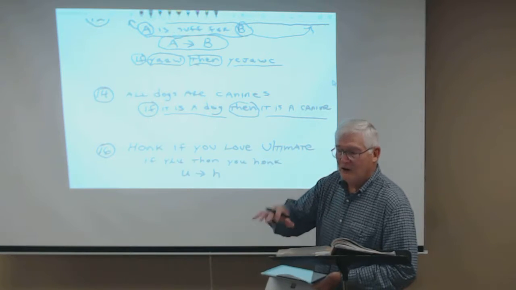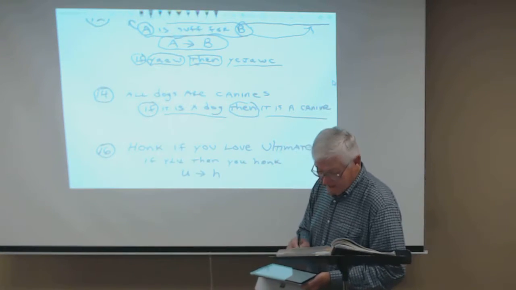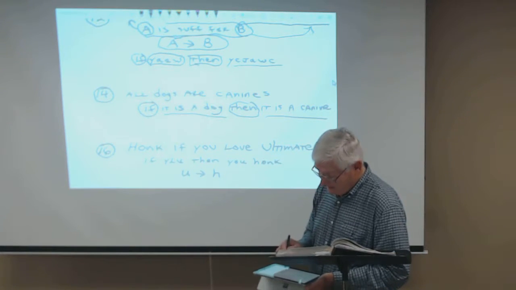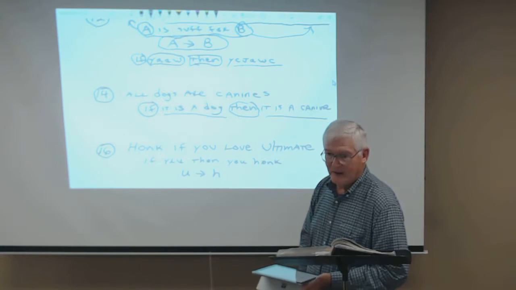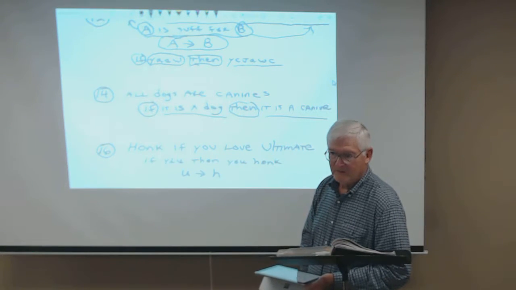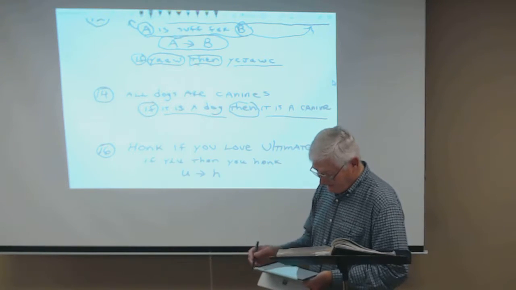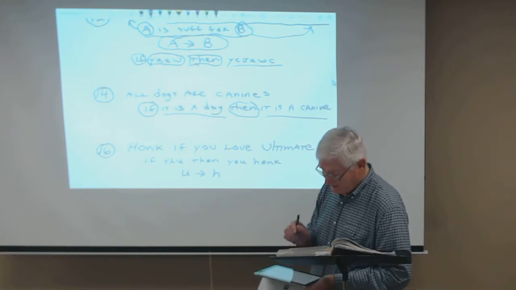When I say all dogs are canines, that translates into if it's a dog, then it's a canine. You go, I need to put that in my notes. That if I see a phrase that says all A is B, then I know that's equivalent to if A, then B.